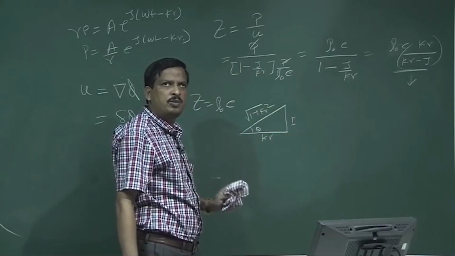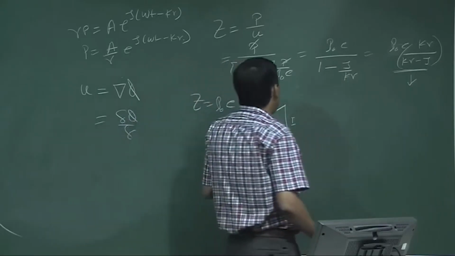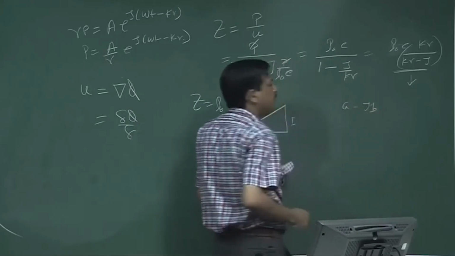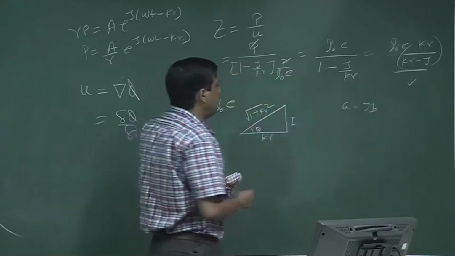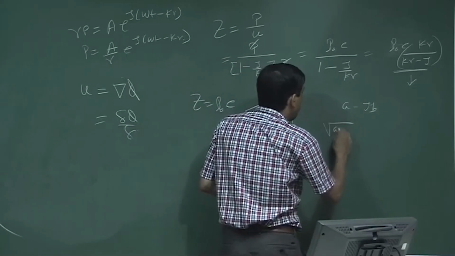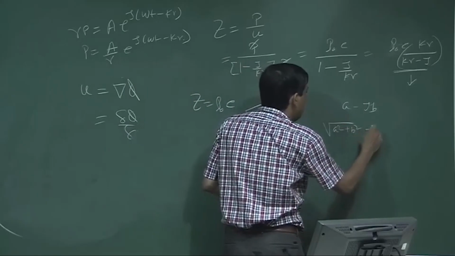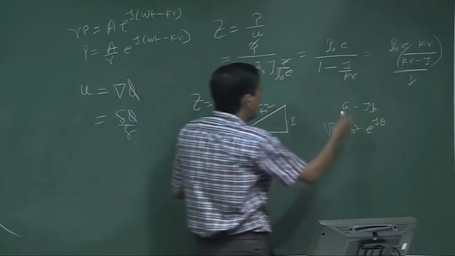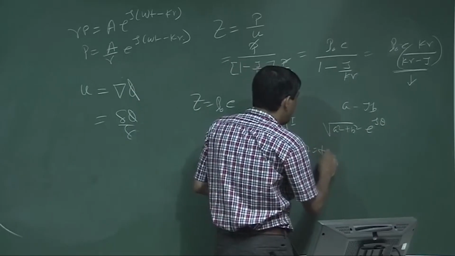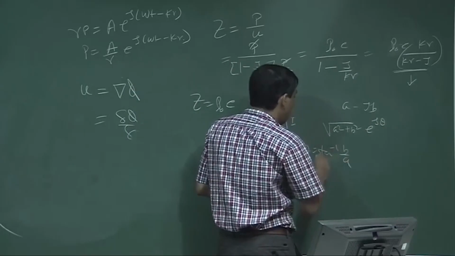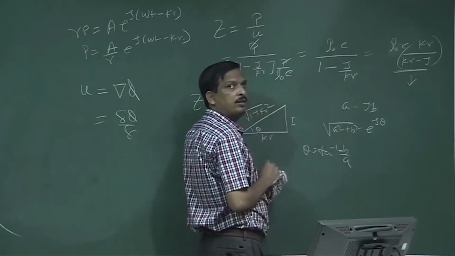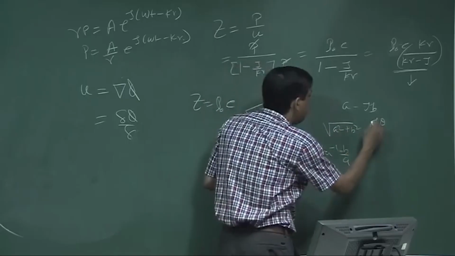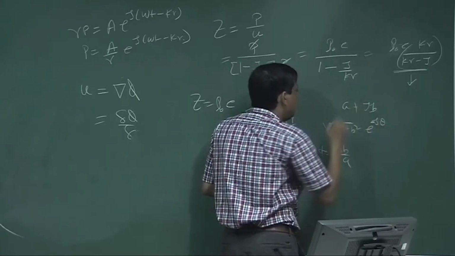Let it be a minus j b. The amplitude is root over a square plus b square, with e to the power j theta, where theta is tan inverse b by a. This will be minus, so I write minus theta.